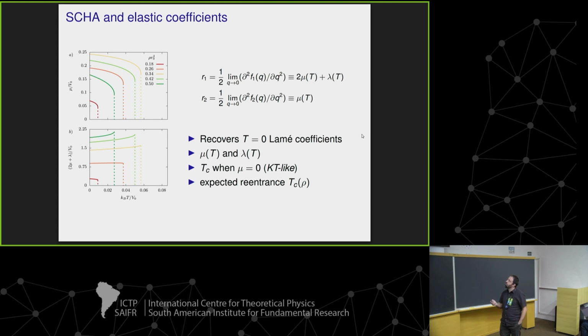We see that when it drops suddenly to 0 is when we have a transition to a liquid state. Here we can also see that for moderate densities, we have higher critical temperatures than for lower or higher densities. Okay.